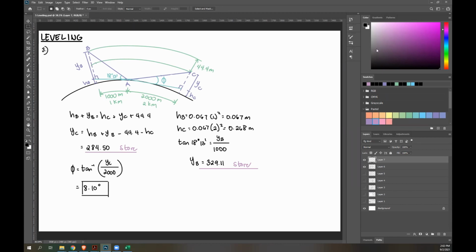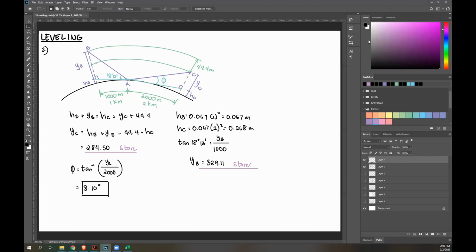Ma'am, regarding the base of the right triangle at C, even if the curvature is 2,000, is it the same? What do you mean same? The length of the curvature is considered the same as the base, or we consider it as a straight line as well, because the difference is very minimal.